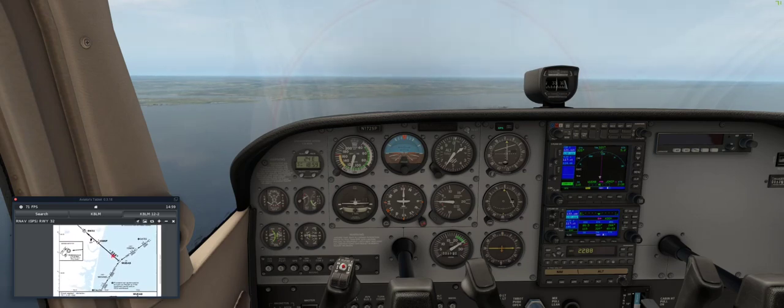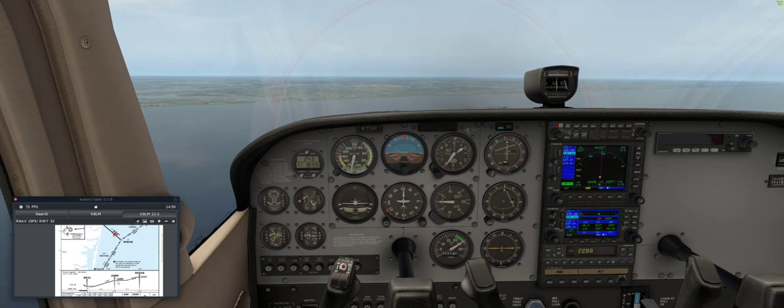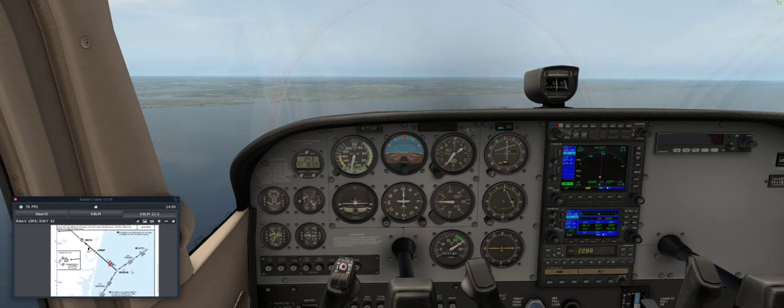That CHOMIP is our descent point where we should intersect and see this glide slope needle start to center. In the meantime, I want to start getting into landing configuration.